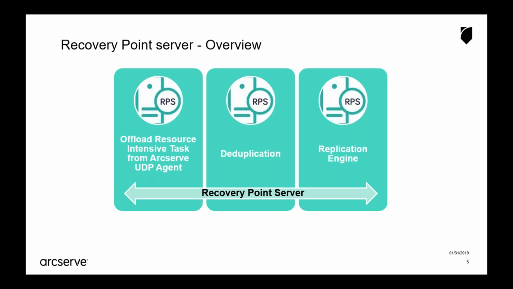And to achieve deduplication, you need to have a recovery point server where you'll be installing the data stores, which could be non-dedupe or dedupe. It also helps you to replicate data from one site to another site.